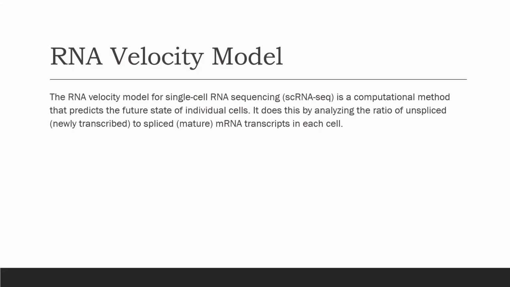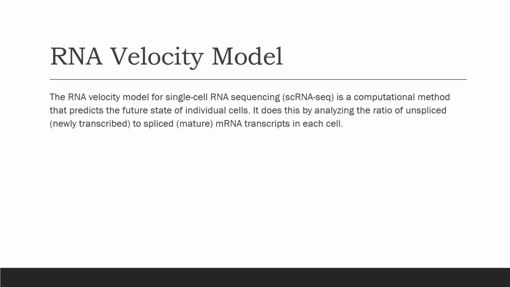So what is the RNA velocity model? The RNA velocity model for single cell RNA sequencing is a computational method that predicts the future state of individual cells. So when we are studying, say, a current disease, or if you want to work on a particular drug, you want to think of a situation like how a particular application reacts when we add some other extra content to it so that it changes.